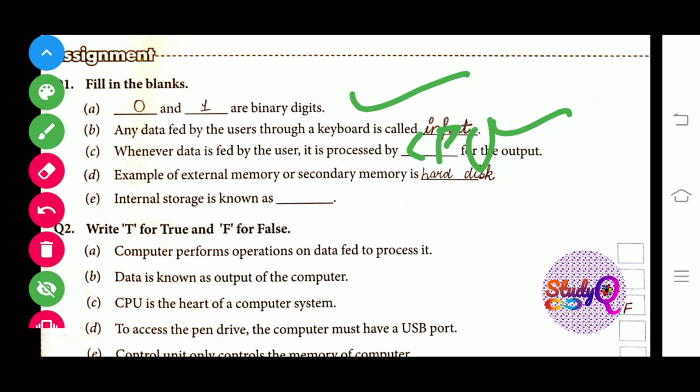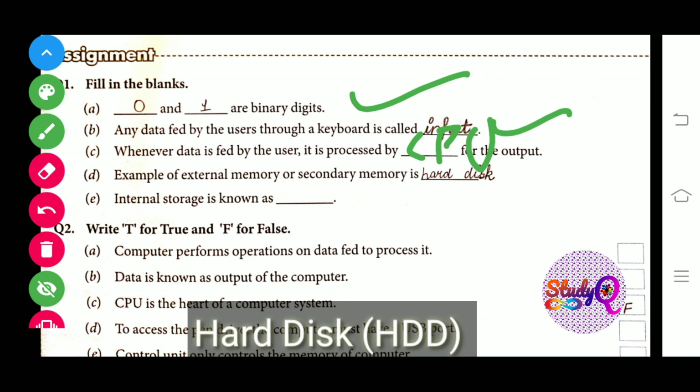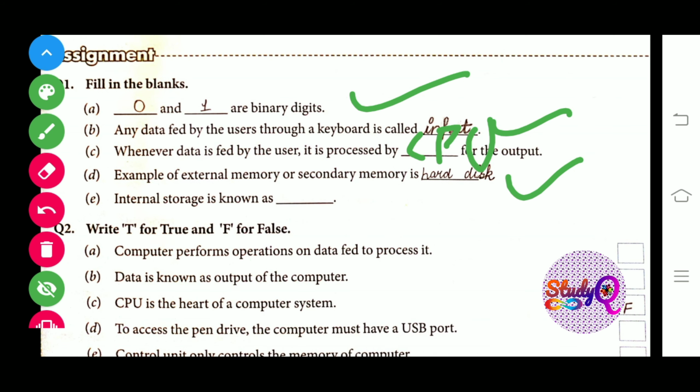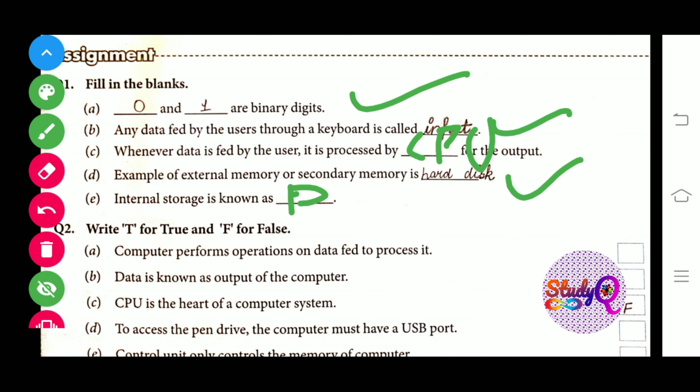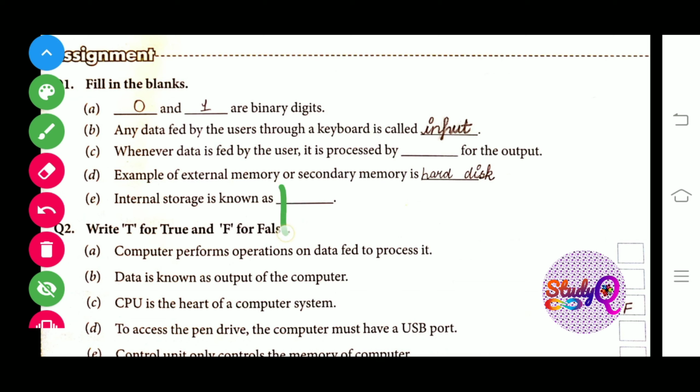Then the fourth one, an example of external memory or secondary memory is hard disk. Very nice. Internal storage is known as primary storage. You have to write here primary storage.